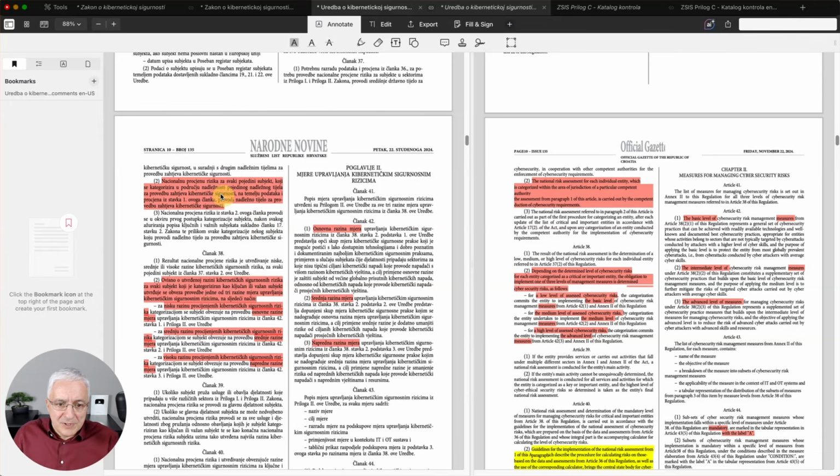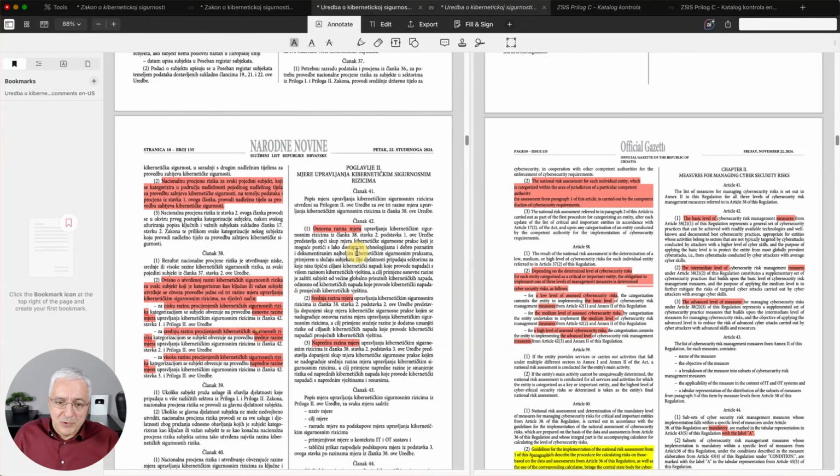So first of all, what is important is that these national competent authorities are actually performing this national risk assessment for each company that needs to be in NIS2 scope. And basically it defines what are the levels of risk related to each company. So it can be low risk, medium level of risk, or high level of risk.